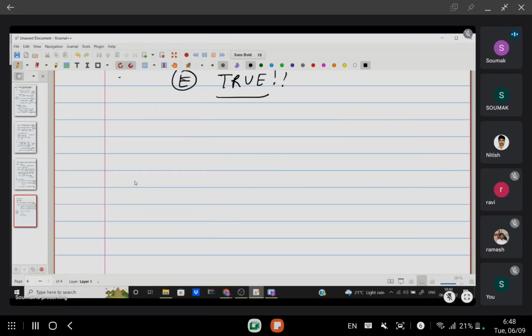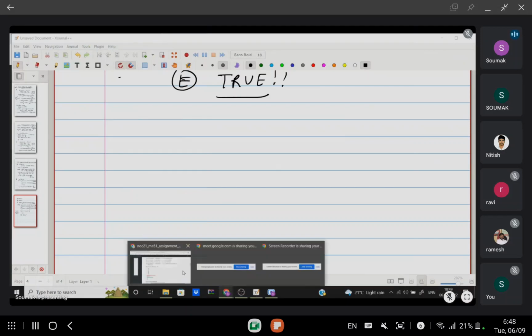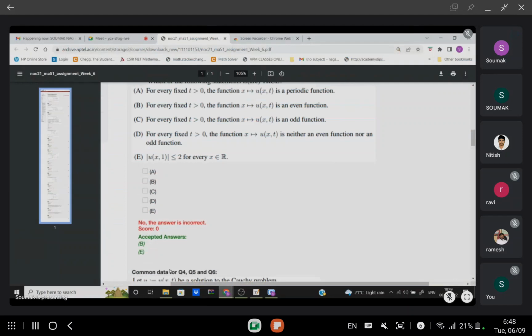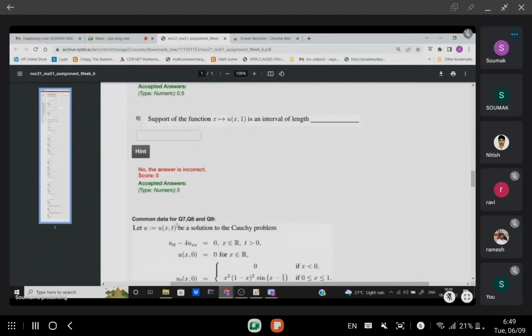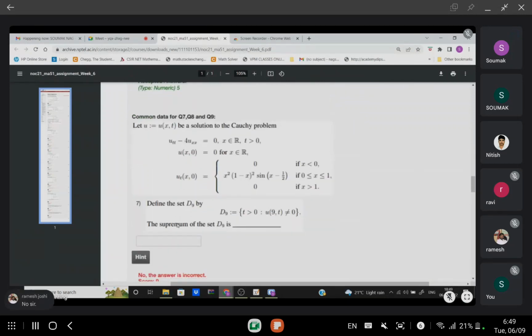Then I will move to question number 7. Sorry, any question? Ramesh, Robi, and Nitish. 4, 5, and 6 already. So question number 7. Okay, then question number 7 is visible.